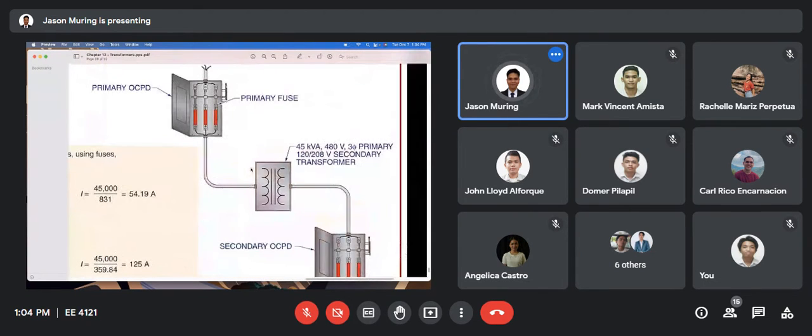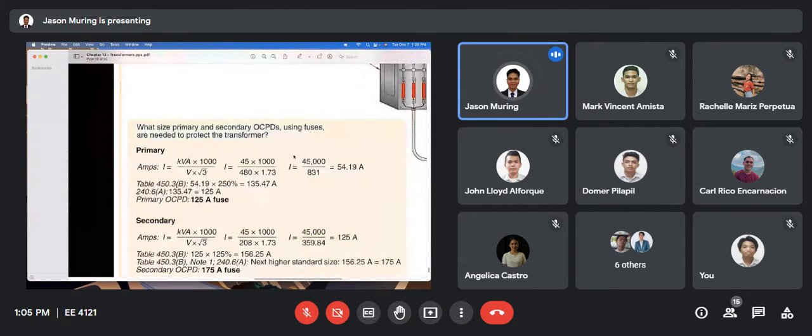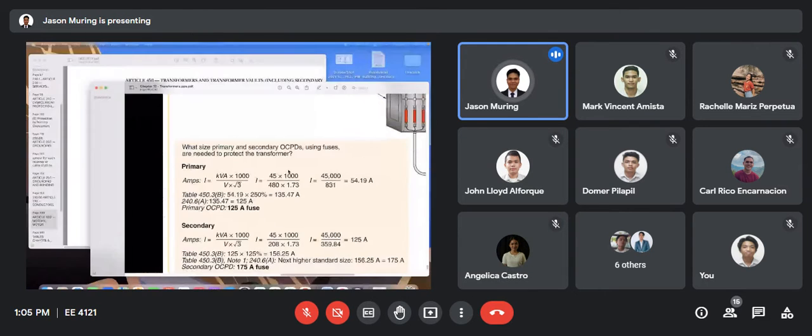Yeah, so based on this calculation, we have current of 54.19. Okay, so that is over 9 amperes. So let's just say here.